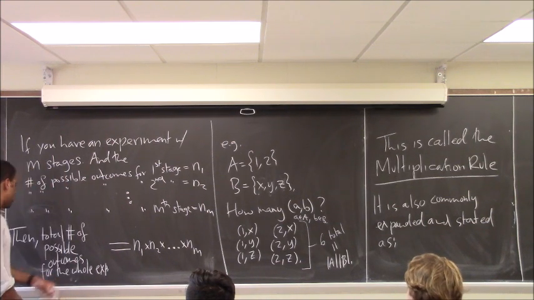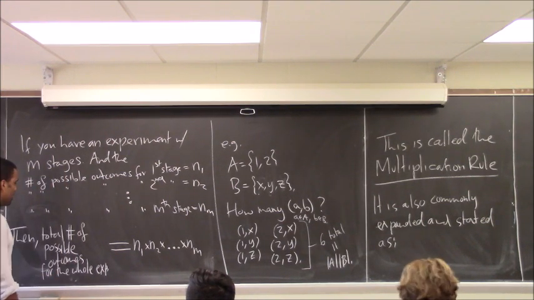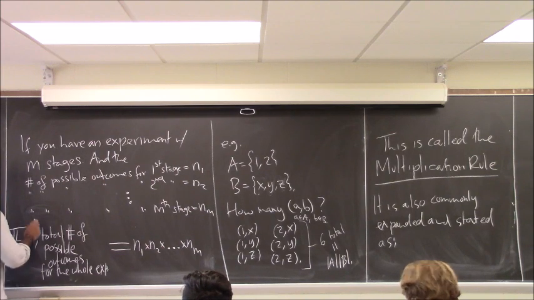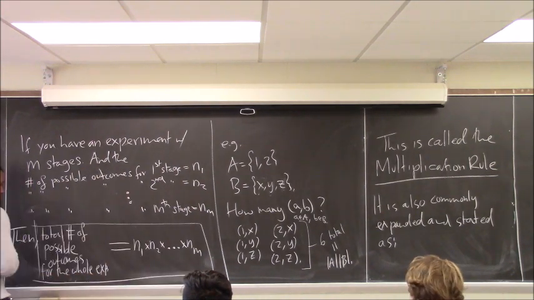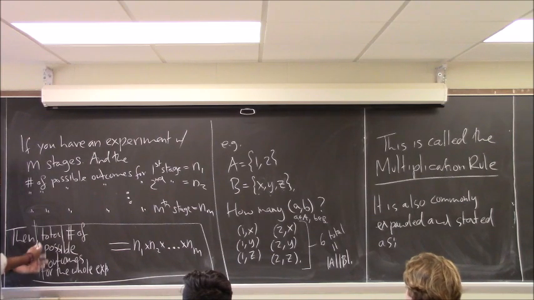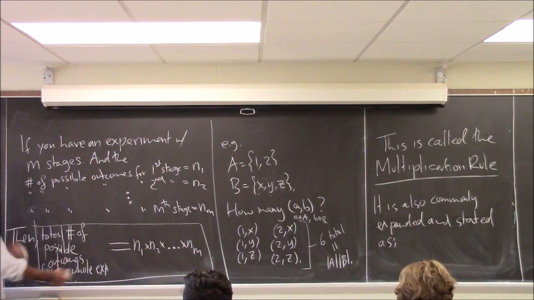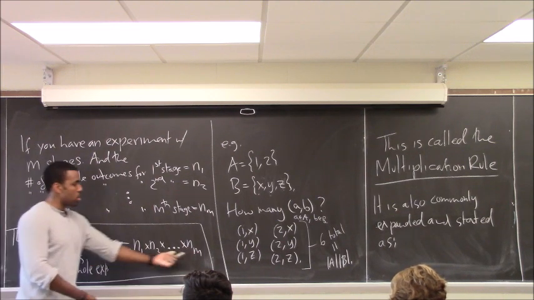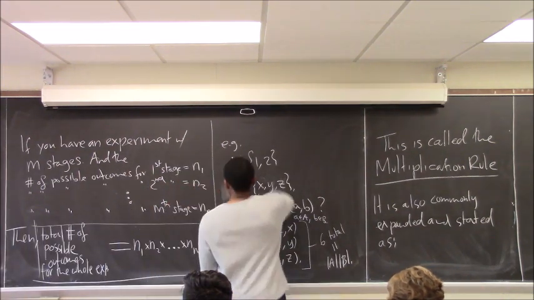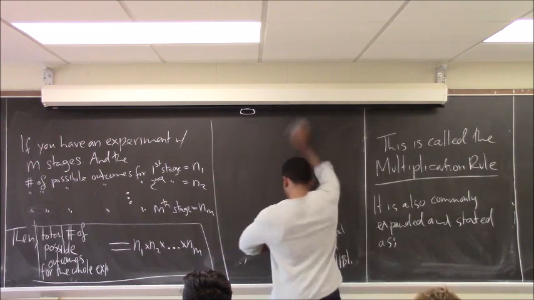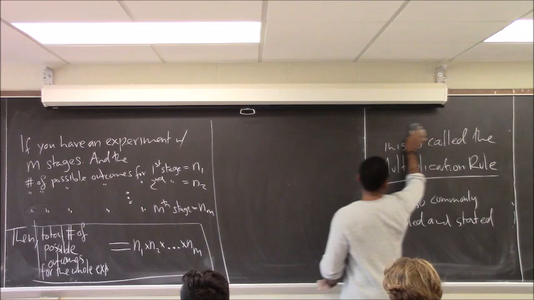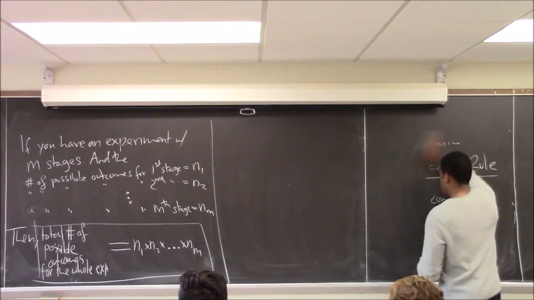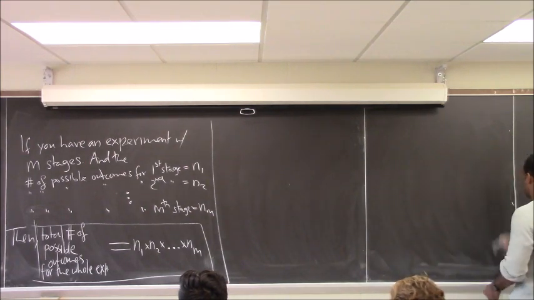And then we'll do it that way. But this is called the multiplication rule. Figure out how many ways each stage of an experiment can happen. The outcome of the entire experiment from start to end is going to be the product of all those numbers. That's called the multiplication rule.